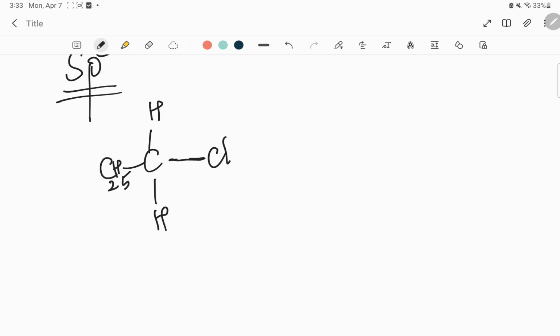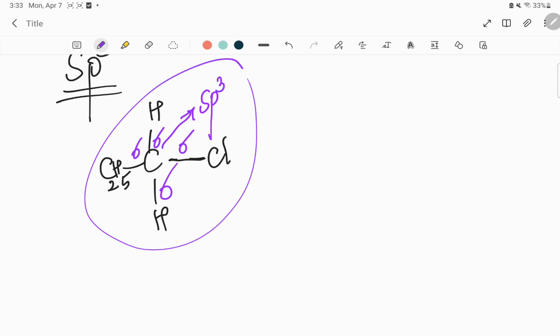So this carbon is under sp3 hybridization. This is an example of a haloalkane having an sp3 hybridized C-X bond.